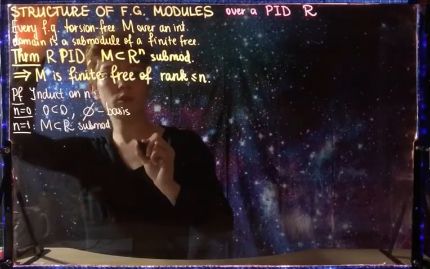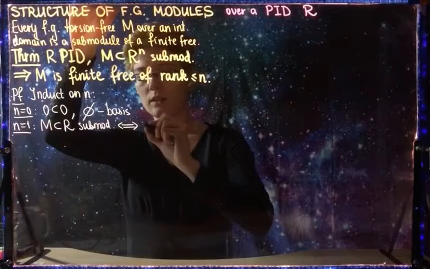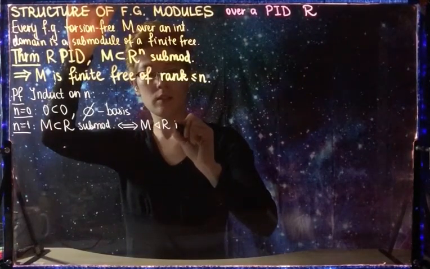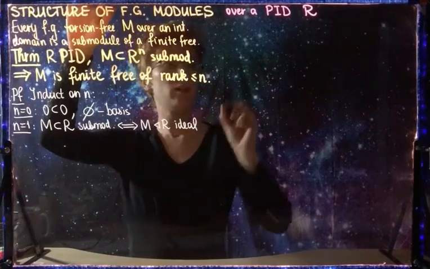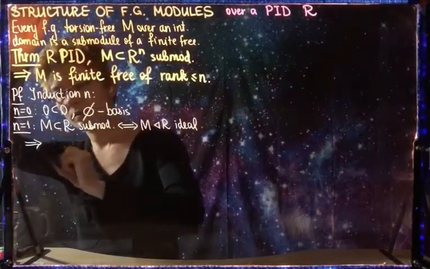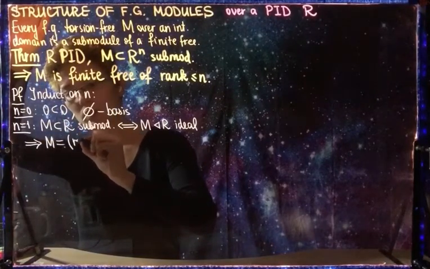And any submodule of this form is an ideal. So M in R is an ideal. But R is a principal ideal domain. So M is generated by one element.